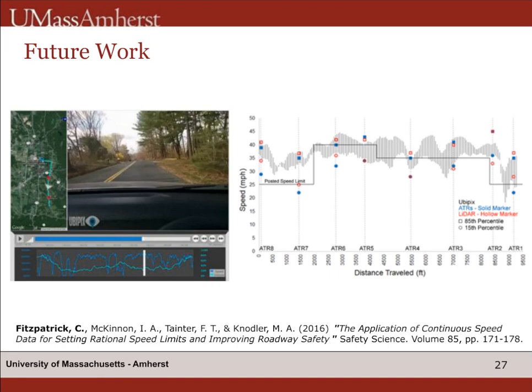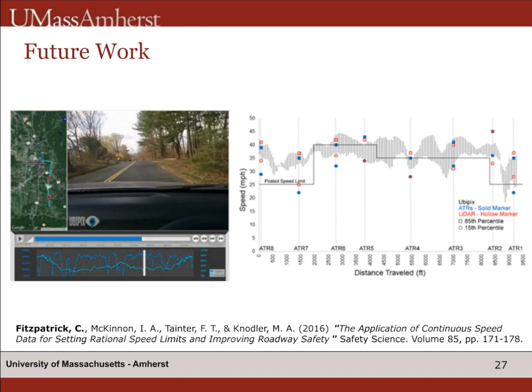And what you see here on the right-hand side is just a graphic where we were sort of taking this idea and putting it into a proof of concept. And so what we had done was we went out and identified a couple of roadway segments, and we used what we would traditionally use for our speed data, including both ATRs and LiDAR data, and then overlaid the constant UBIPIX data for a series of drivers and looked at the range, the 85th and 15th percentile speeds for those drivers.